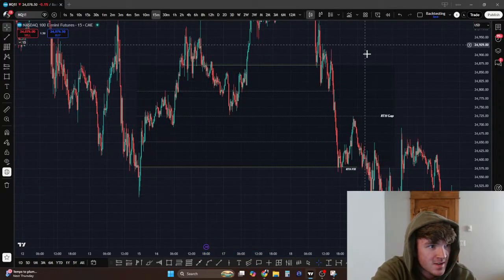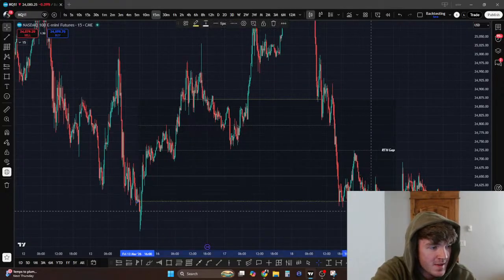Look at it just getting sucked up into this RTH gap. And then we hit it. We hit the opposing end.